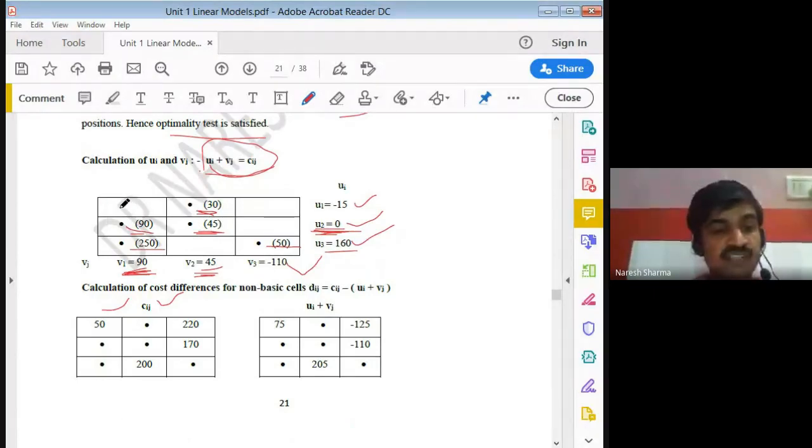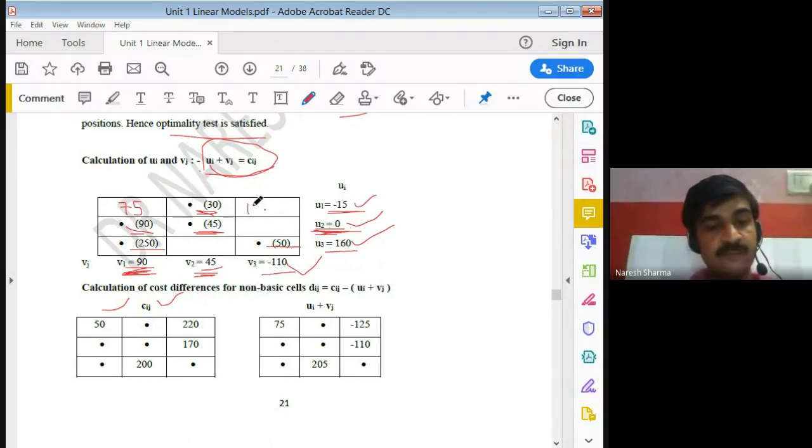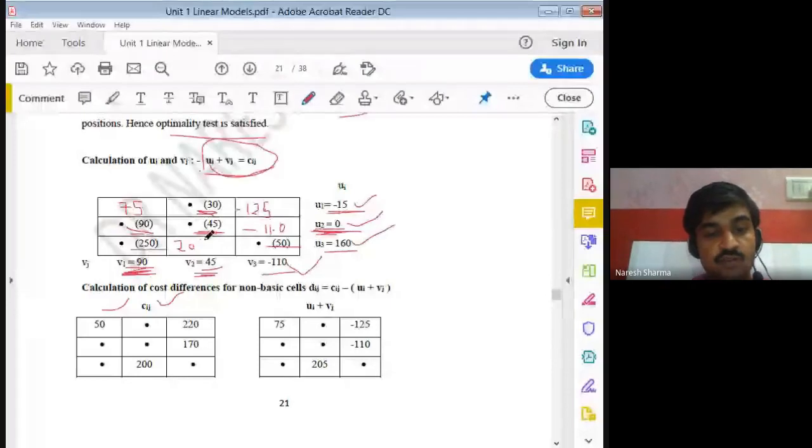So u plus v here, this is 90 and minus 15, so it is 90 minus 15 is 75. So at this location it is minus 15 minus 110, minus 125. For this 0 minus 10, it is 110 with minus sign. Similarly, 160 plus 45. So you can get this.